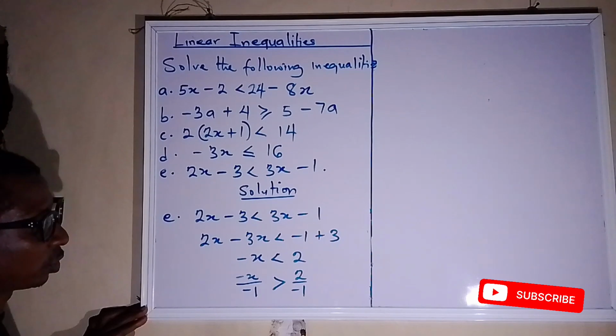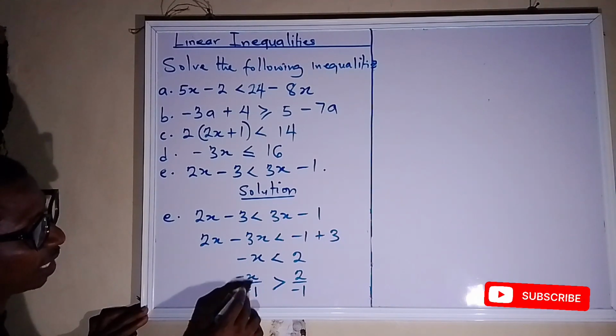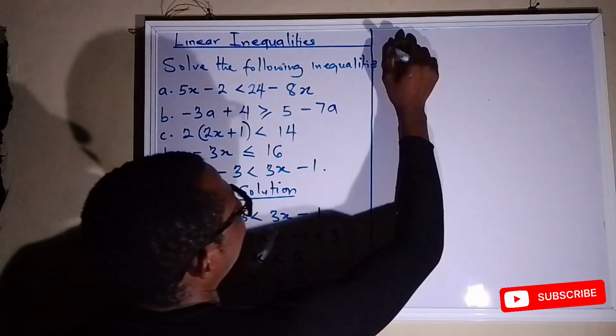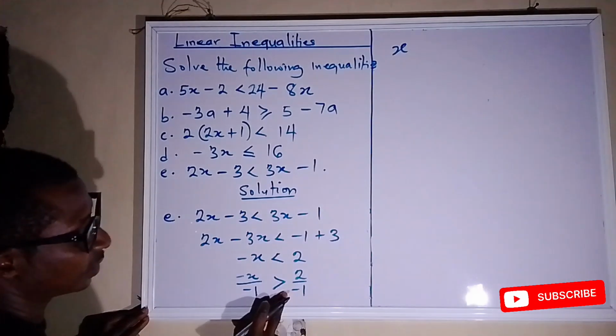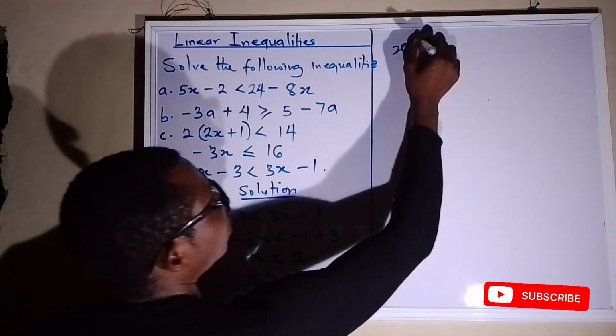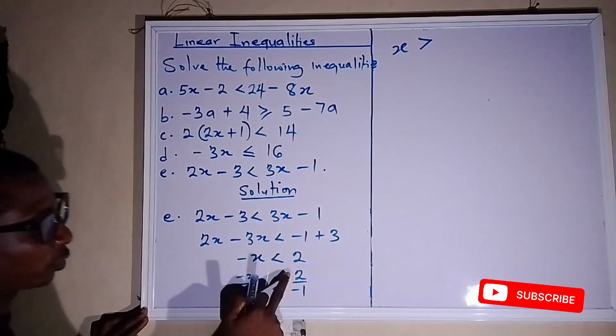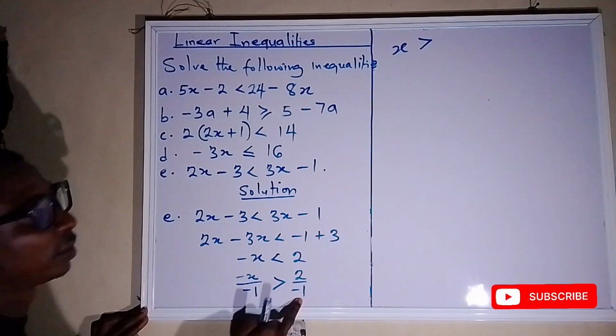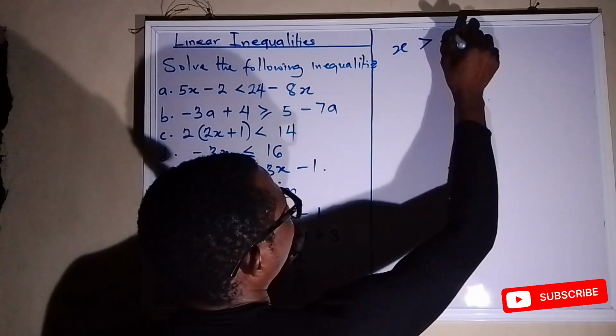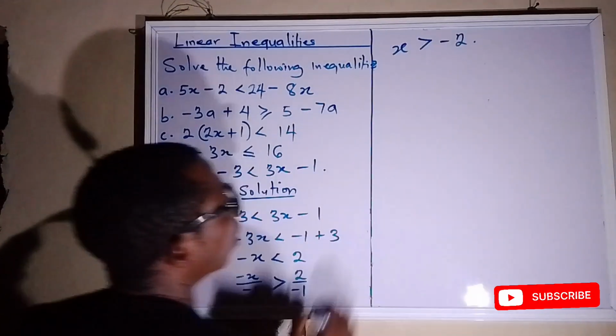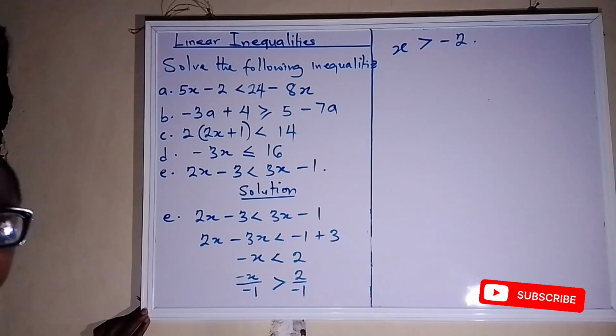Okay? So minus cancels minus, x divided by 1 is x greater than 2 divided by minus 1, which gives you minus 2. Alright, so that is the end of the question.